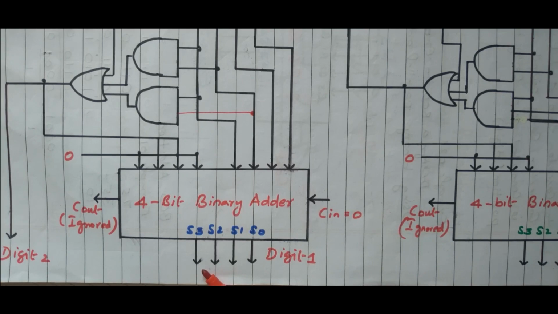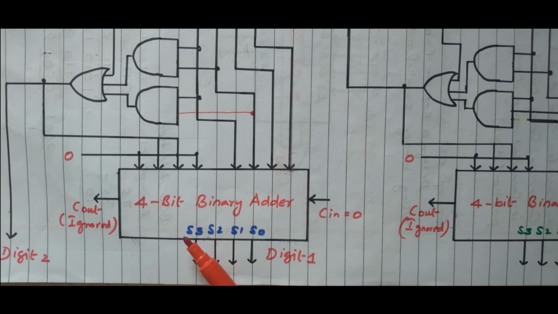The next 4 digits of the 8-bit BCD adder are digit 1, and the previous one is digit 0, right? This carry is ignored, right? So here we used 4-bit BCD adders. The first 4-bit BCD adder gives the first 4 digits of the answer.